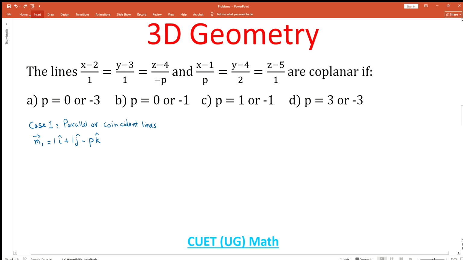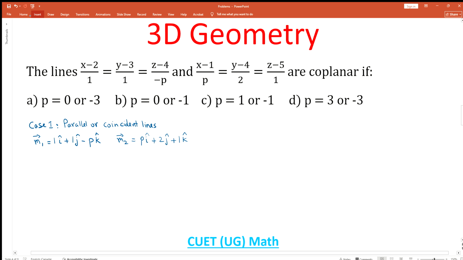The second line is parallel to the vector pi plus 2j plus 1k. We get the direction ratios p, 2 and 1 from the denominators of the fractions in the given equation.